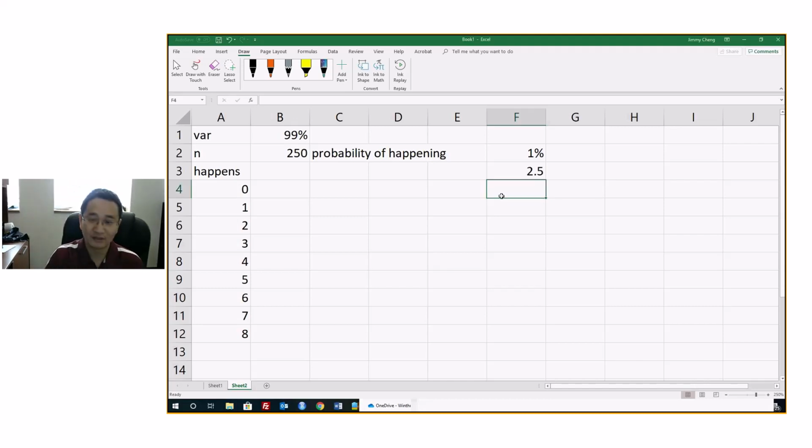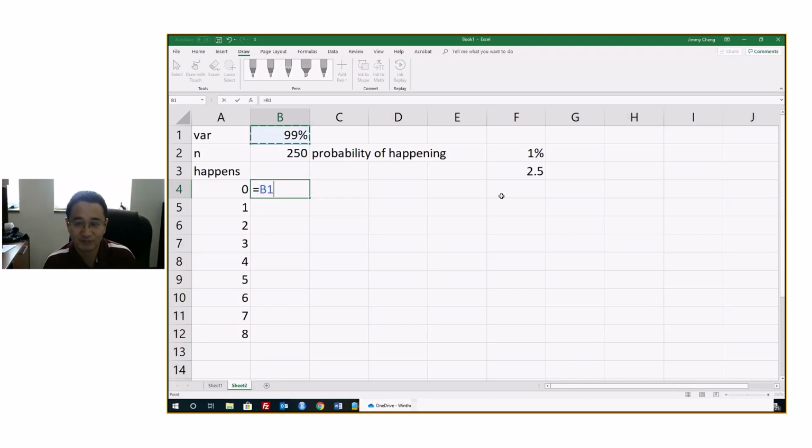Okay, if it never happens in the previous 250 days, what is the probability of that? The probability it does not happen on a given day will be 99%, right? If it happens 1% of the time, 99% of the time it will not happen. How many days do we have? 250, right?